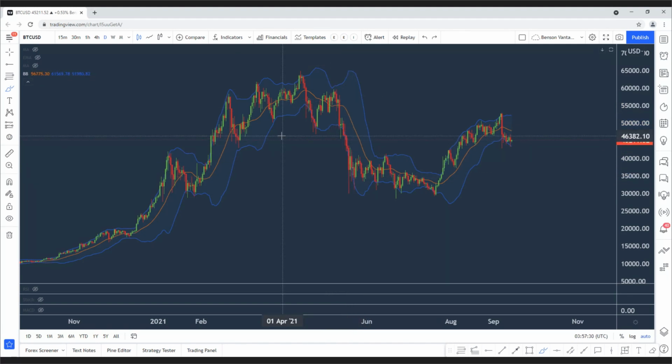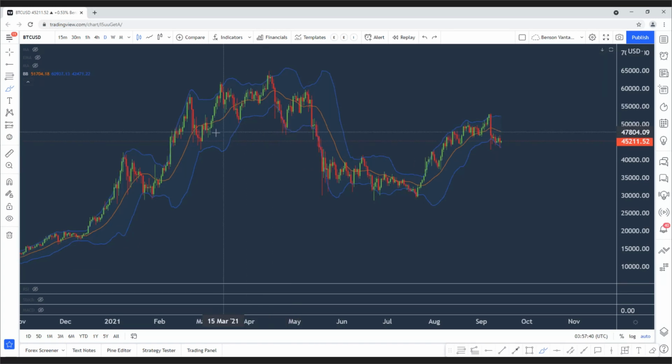As such, Bollinger Bands is a very good indicator that can be used to analyze the crypto market itself. We can see from here it sort of obeys the Bollinger Band very nicely.